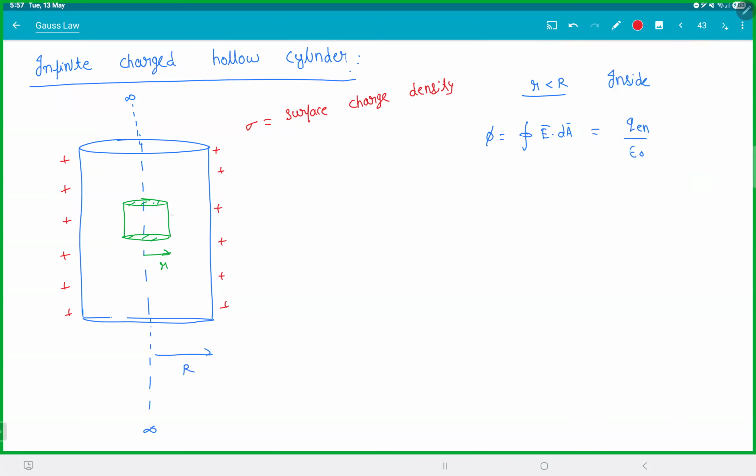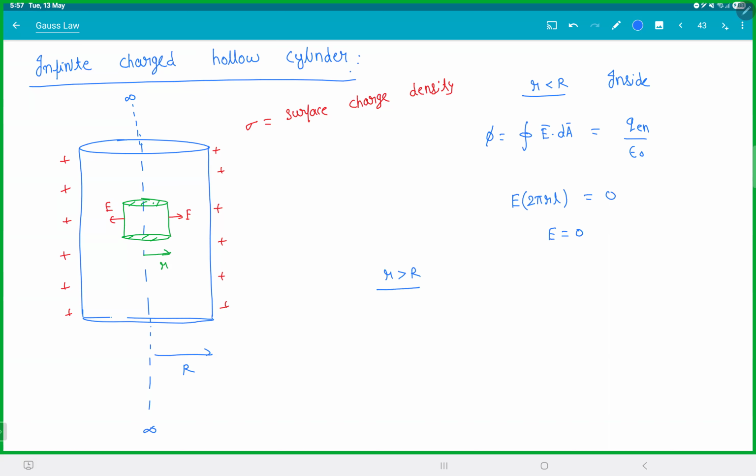Now, because of symmetry, we can say the field will be radial here. So this flux will be E into the surface area, 2 pi rL. But what is the charge inside of this? It's a hollow cylinder. So is there any charge inside? No, zero. Therefore, the field inside is zero. So if you take a hollow cylinder, there is no field inside.